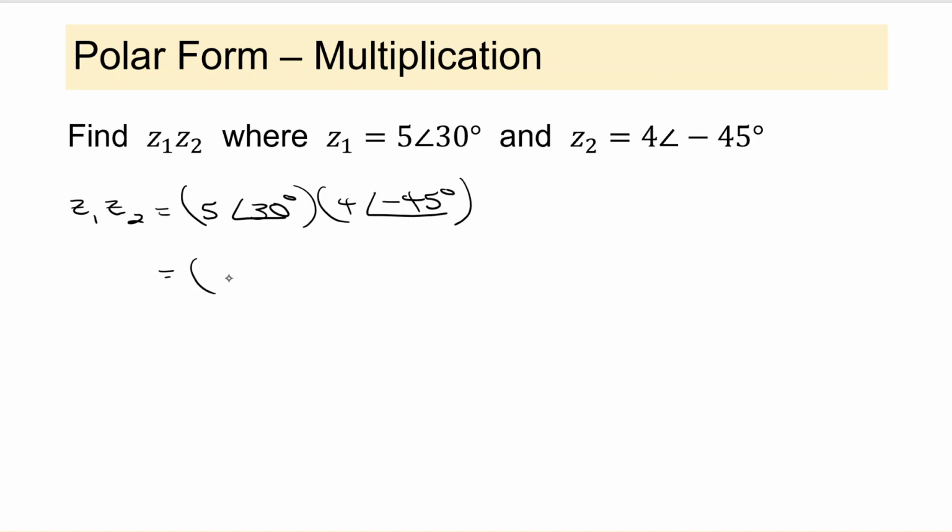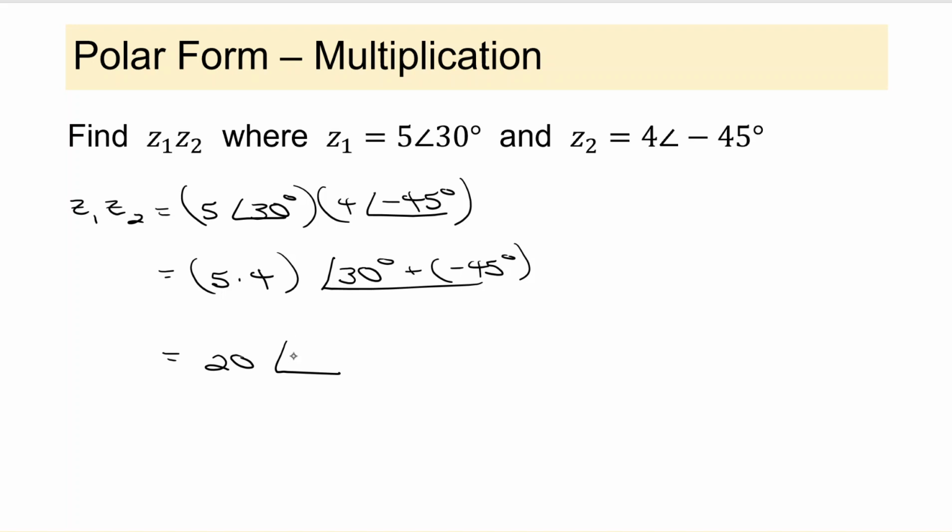I'm going to multiply the magnitudes, and I'm going to add the angles, leaving me with 20 angle negative 15 degrees. And that's my result. So pretty straightforward.